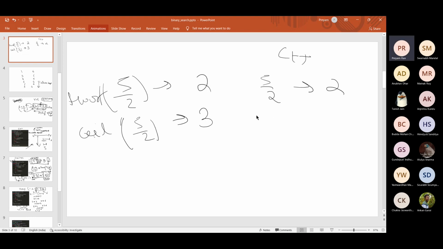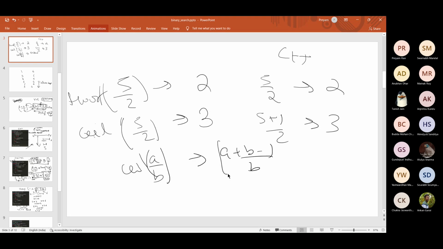So to get the ceil value, we can add 1 here. So this would be 6/3, which is 3. So if we need to find the ceiling of A by B, we can do it like this. This is a pretty useful trick.